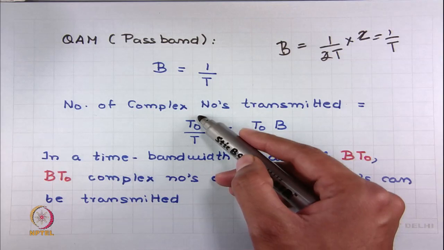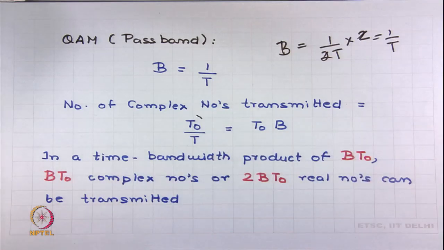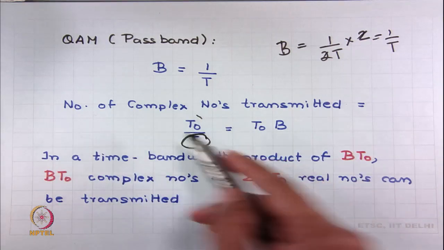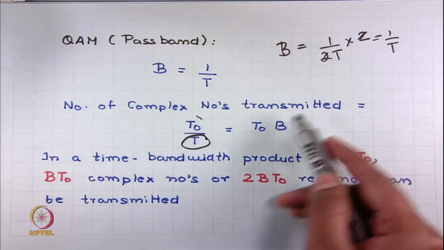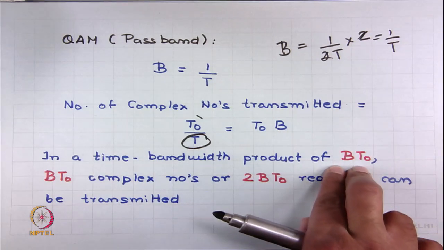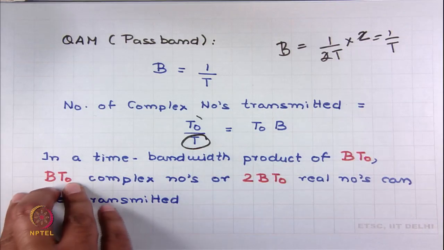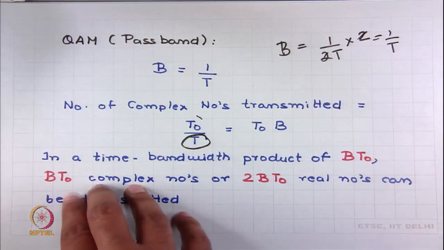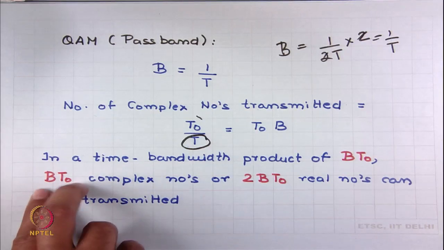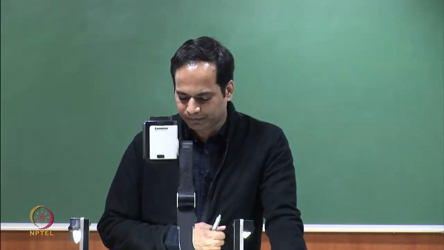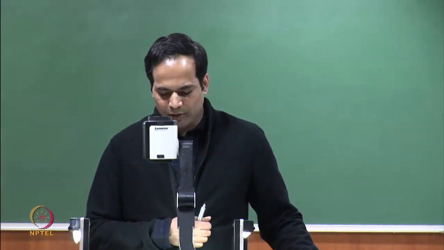The total duration of the signal is T0, and the symbols are generated at a rate of 1 by T. So, the total number of complex numbers that you would have is T0 times B. So, in a time bandwidth product of B T0, you would have B T0 complex numbers generated, and one complex number is 2 real numbers. So, if I say that I have B T0 complex degrees of freedom, it simply means that I have 2 B T0 real degrees of freedom.